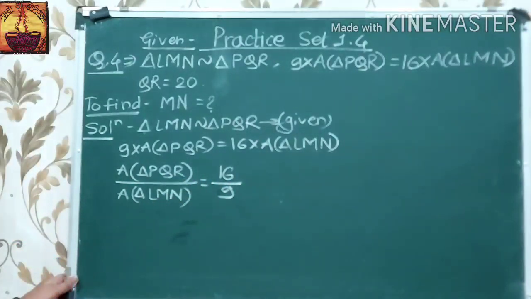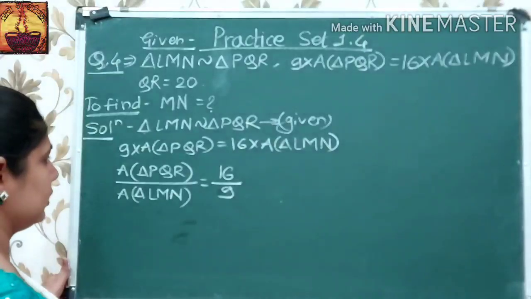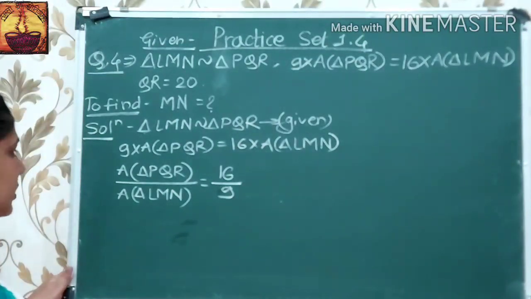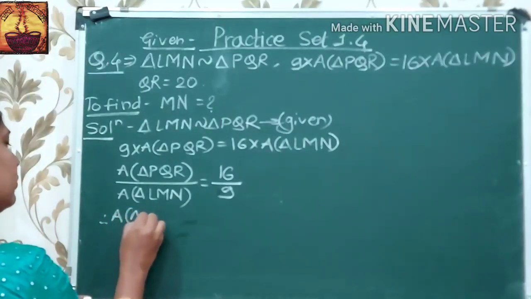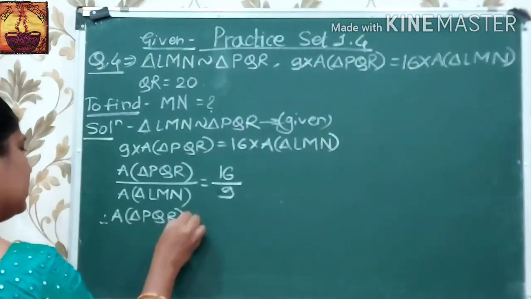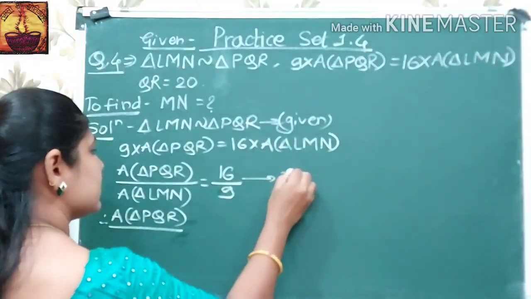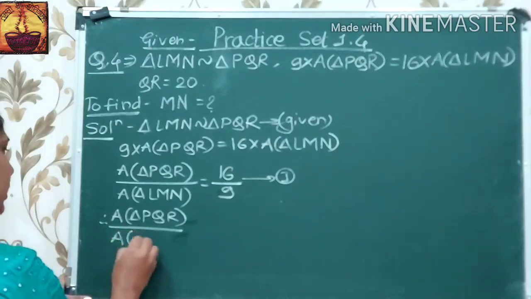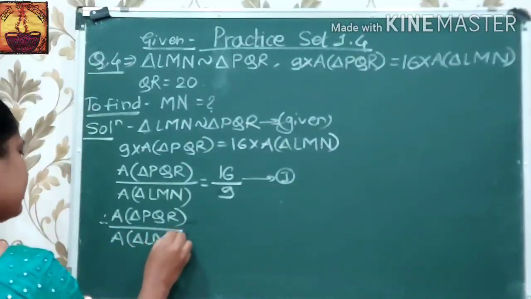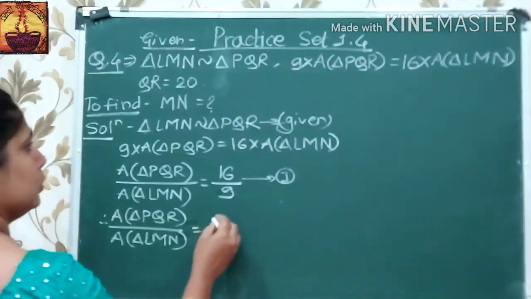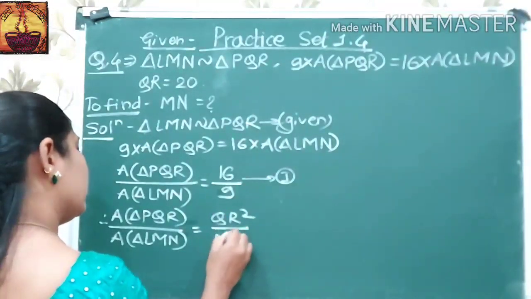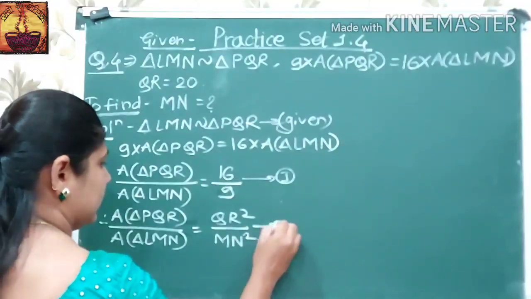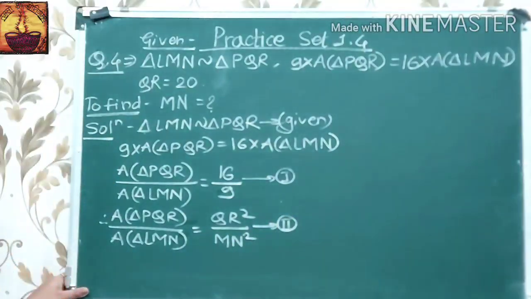We know that the ratio of areas of two similar triangles is equal to the ratio of squares of corresponding sides. Therefore, area of triangle PQR upon area of triangle LMN is equal to QR square upon MN square. Consider it as number 2.